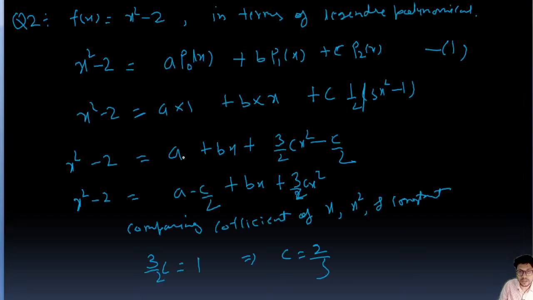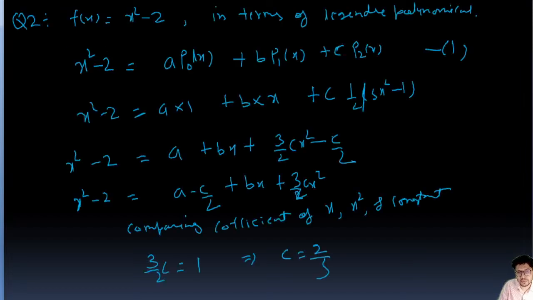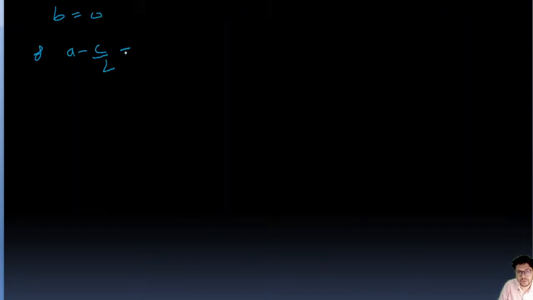And third, the constant: a − c/2 equals −2. From here we'll find the value of a.